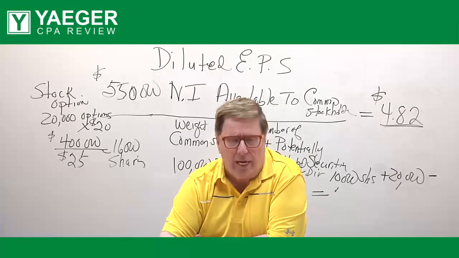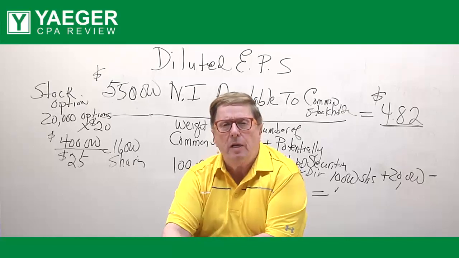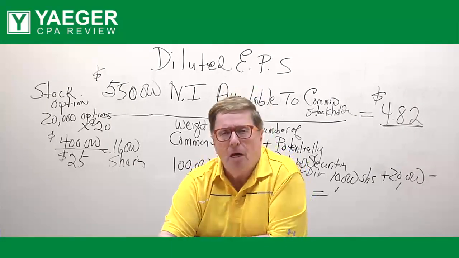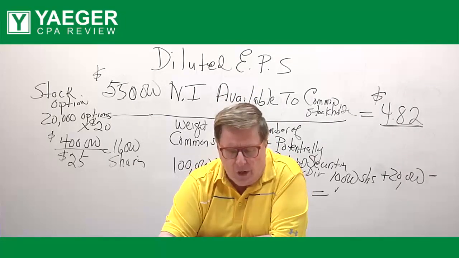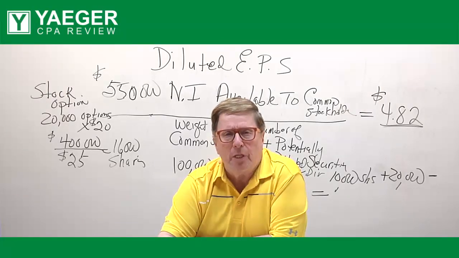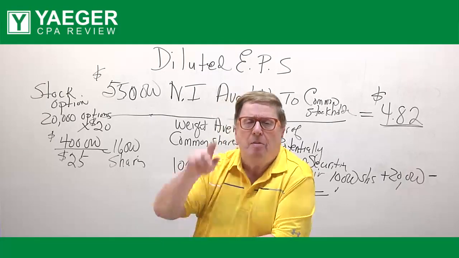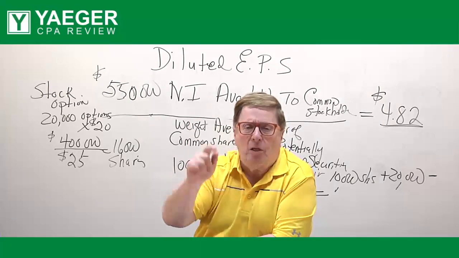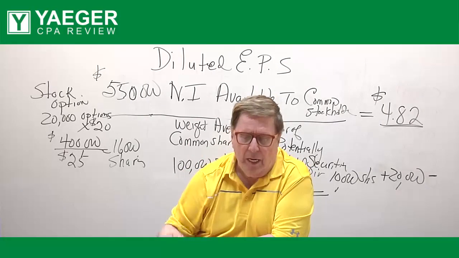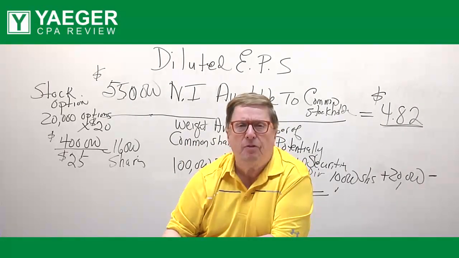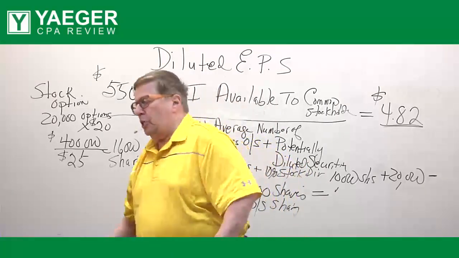This is Financial Accounting. And today we're going to go over a multiple choice on diluted earnings per share. Now remember, there's two earnings per share calculations, basic and diluted earnings per share. Now, what is the formula for computing diluted earnings per share?